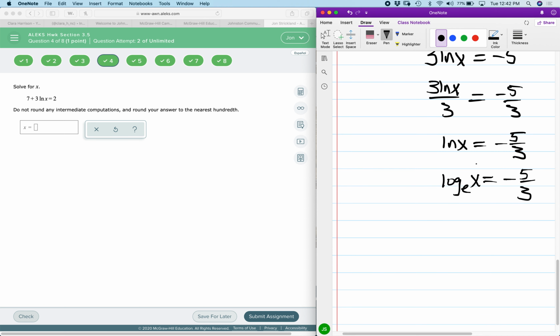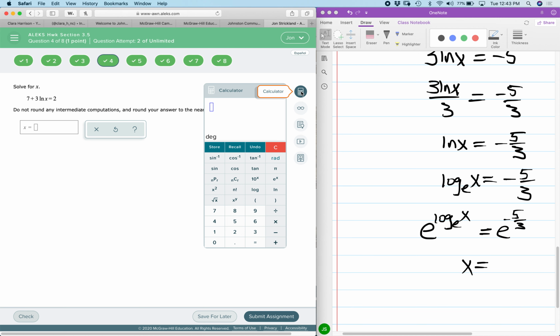If I free up x from the natural logarithm, I have e to the base e logarithm of x equal to e raised to the -5/3 power. Taking this to the calculator, we have e to the x, to the -5/3.